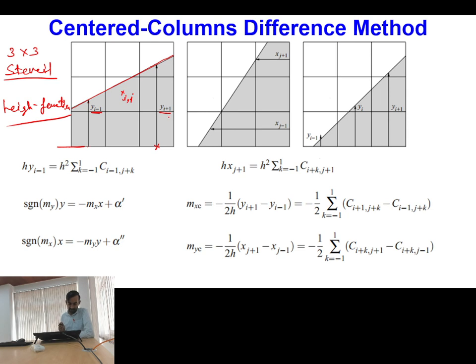So one important point is, this value at y_i minus 1 will be nothing but equal to the value of this c into h, plus the value of this c into h.